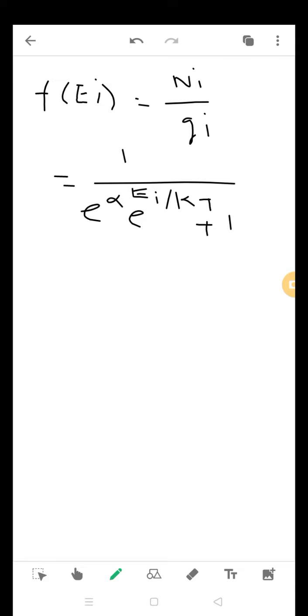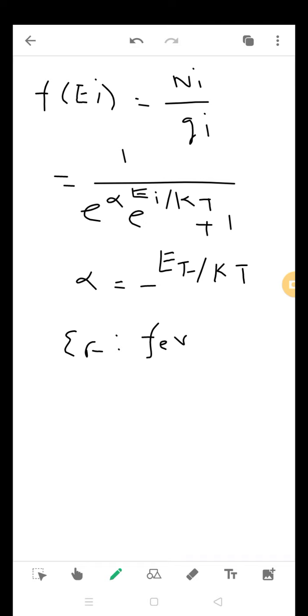And for the Fermi-Dirac statistics, this alpha is actually equal to minus EF by KT, where EF is your Fermi energy, which is the highest occupied energy level at absolute zero.